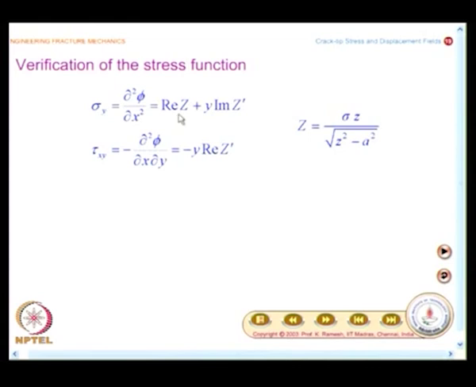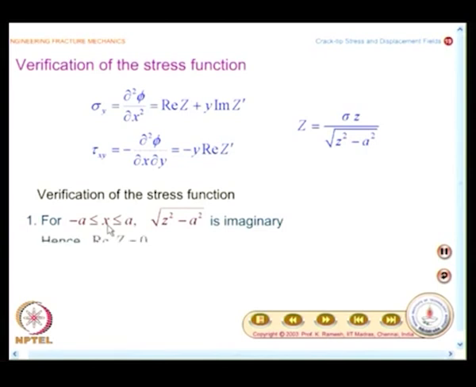If I am able to show that you will have only imaginary part of Z, then my job is done, and that is indeed so, because you are taking on the crack face x is between minus a to plus a. And when you look at this expression root of z squared minus a squared, this is imaginary.